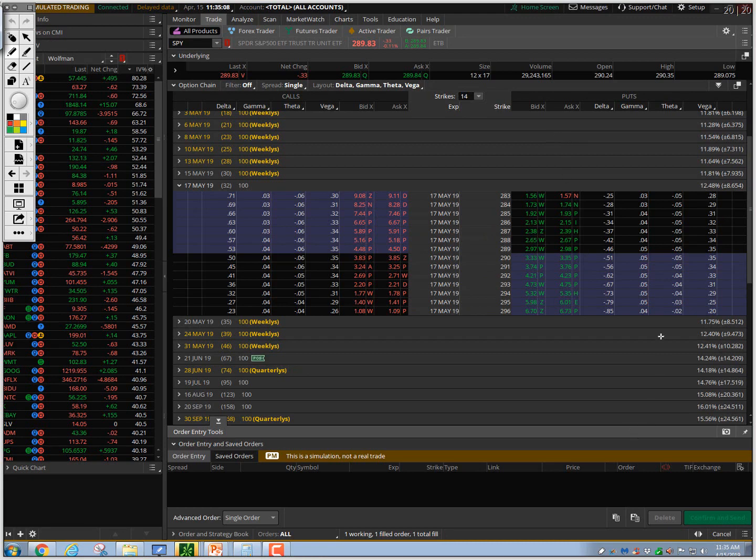So, Vega. We've got Vega over here on the side. It's also part of the calls. Now, what Vega tells us is it's the measure of change in volatility. So, as this increases from 12.48, now we go to 13.48, it increased by 1 percentage point.